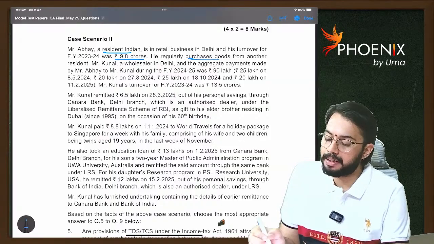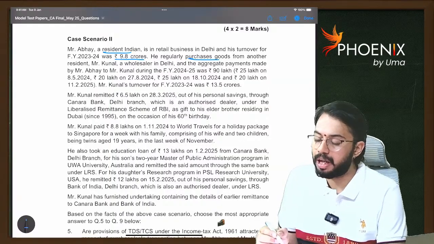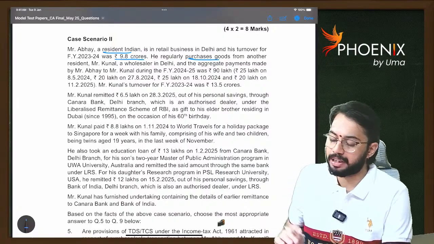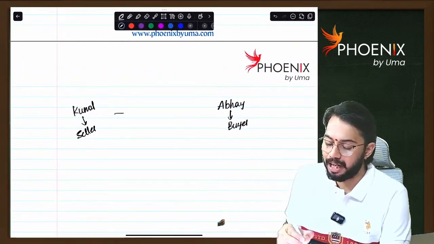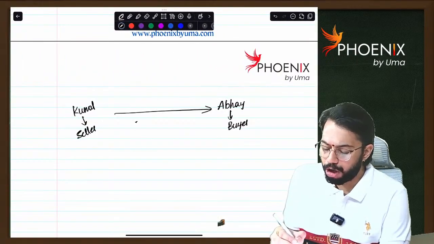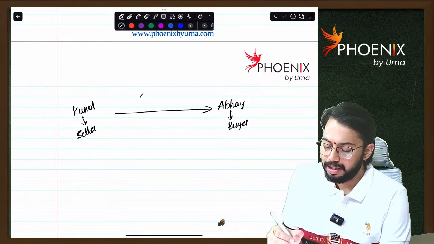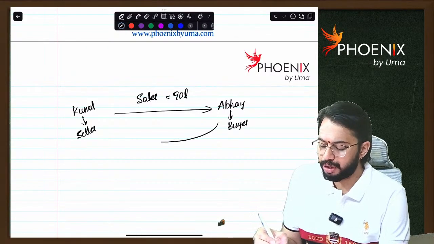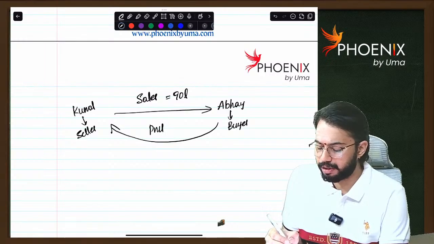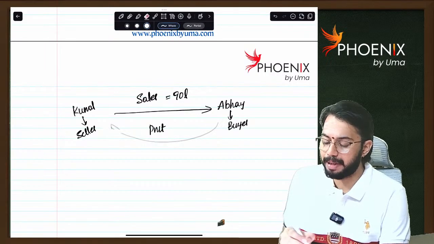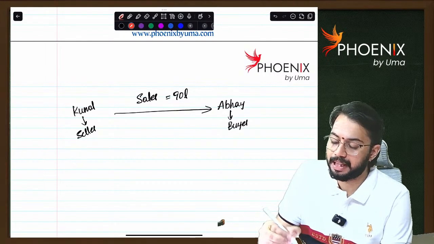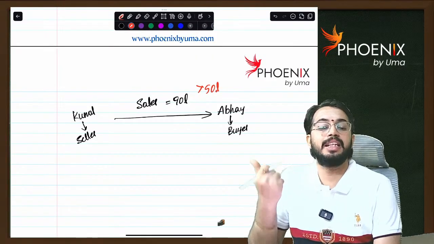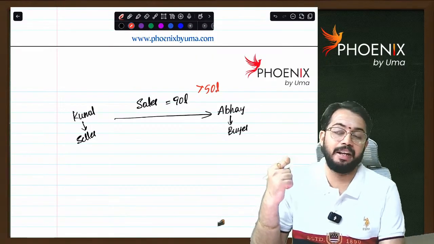Aggregate payments made by Abhay to Kunal during financial year 24-25 was 90 lakhs. So, how much are sales done? Sales done are 90 lakhs. That means sales made are more than 50 lakh rupees. Here, TCS provisions will get attracted.